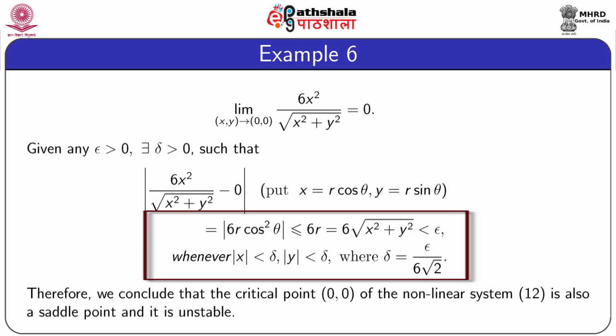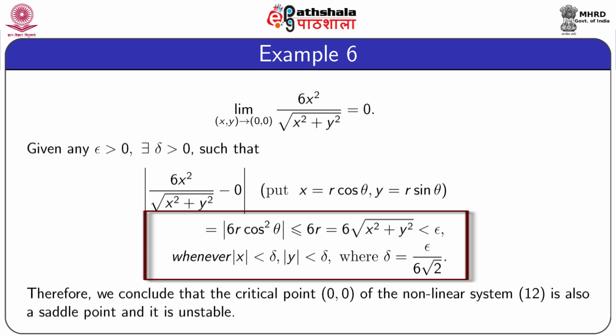This we get by putting x equal to r cos theta and y equal to r sin theta in this particular expression. Clearly, square root of x square plus y square is going to give you r, which cancels with the numerator r square to give you mod of 6 r cos square theta, which is less than or equal to 6r because cos theta is bounded.